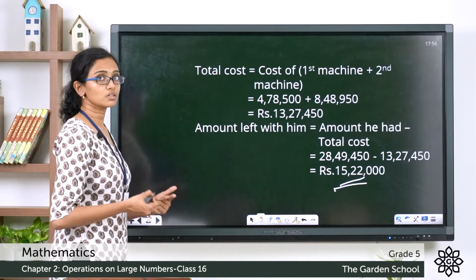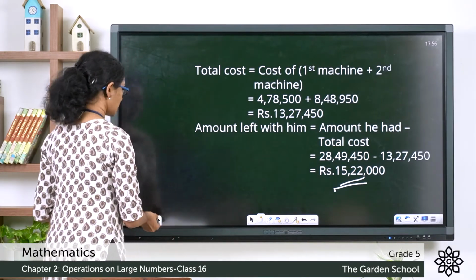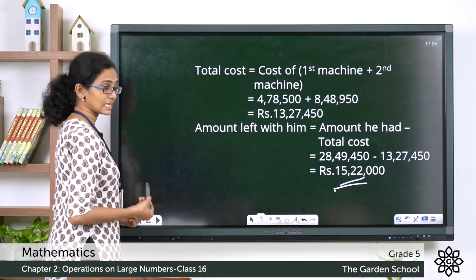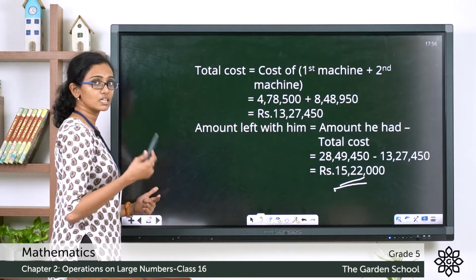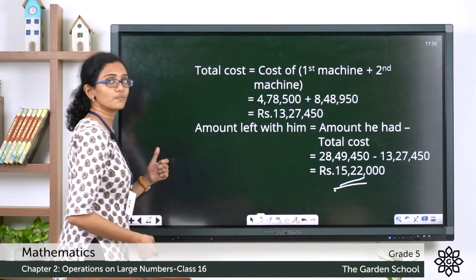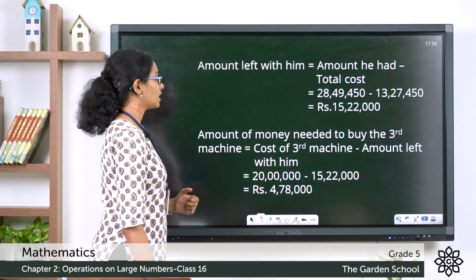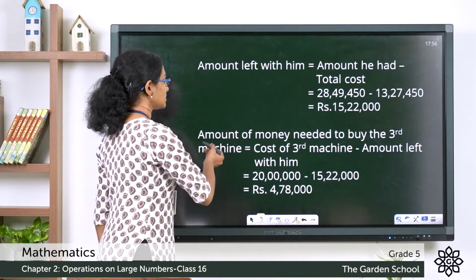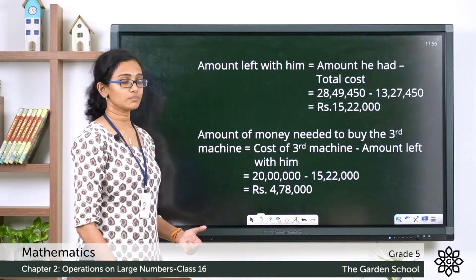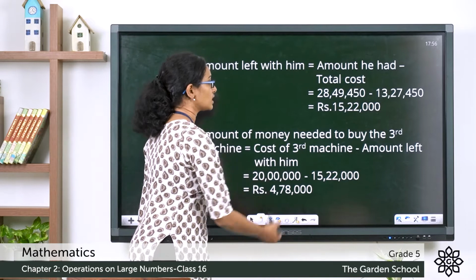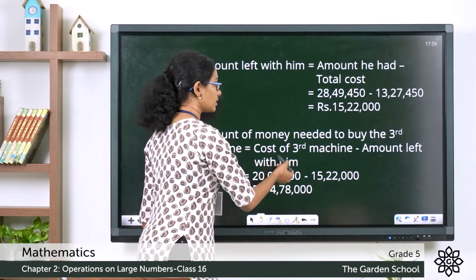So that third machine costs rupees 20 lakh. To find out what is the amount of more money he needs, we have to subtract this amount from the cost of the third machine. So substituting the numbers give us the amount of money needed to buy the third machine equal to the cost of the third machine minus the amount left with him.